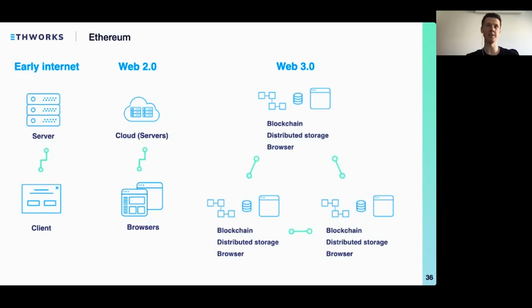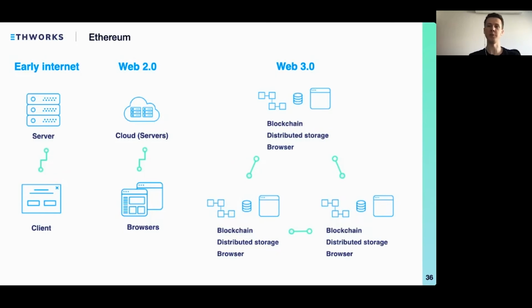In case some data center goes down, it's very likely that the whole service goes down. And some people argue that this is not what the internet was meant to be. And with Web 3.0, we are trying to build a better model that is distributed and decentralized.